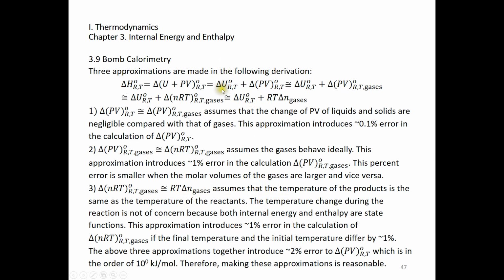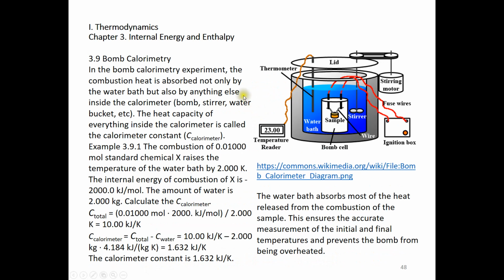But overall, if we make the approximations for delta PV to be RT delta n gases, we introduce up to around 2% error to this. And this by itself is small enough. This is about 10 to the power of 0 kilojoule per mole, and then multiplied by 2%. So the error is pretty small. Making these 3 approximations is reasonable.